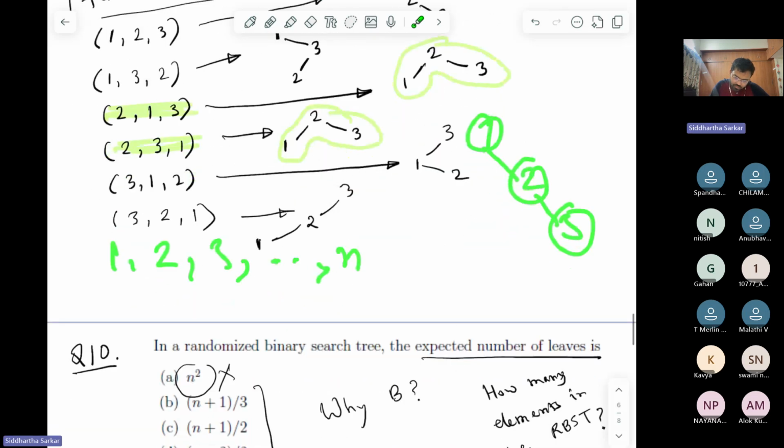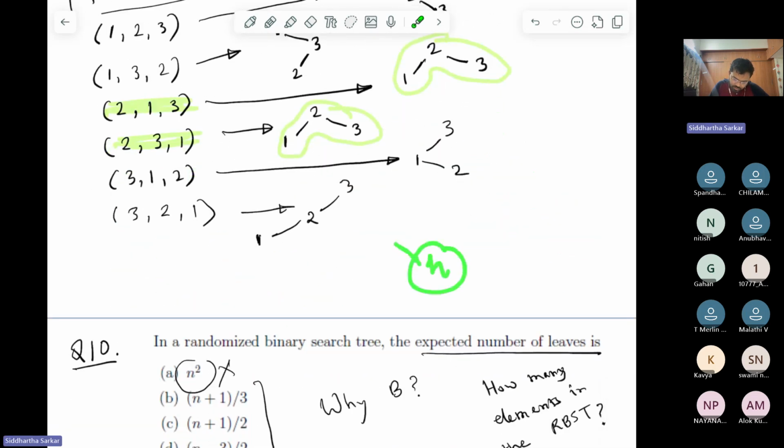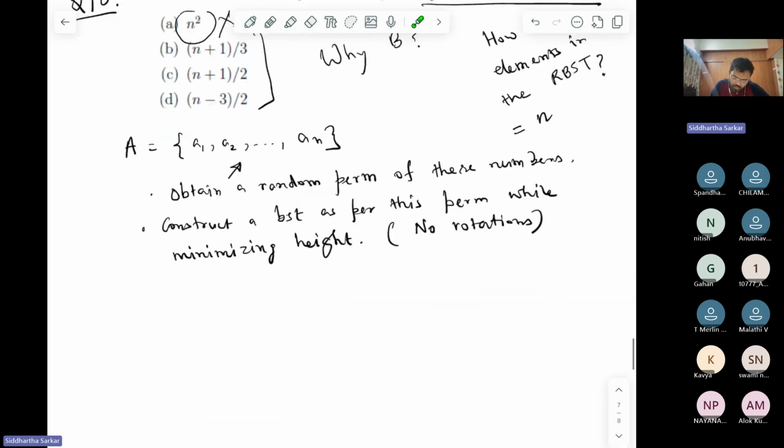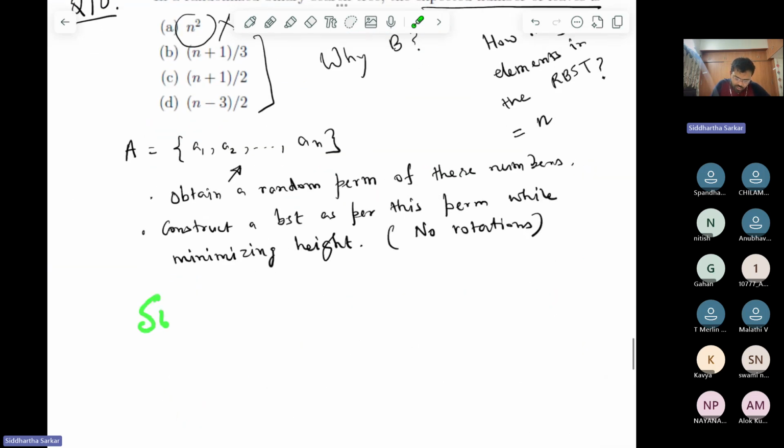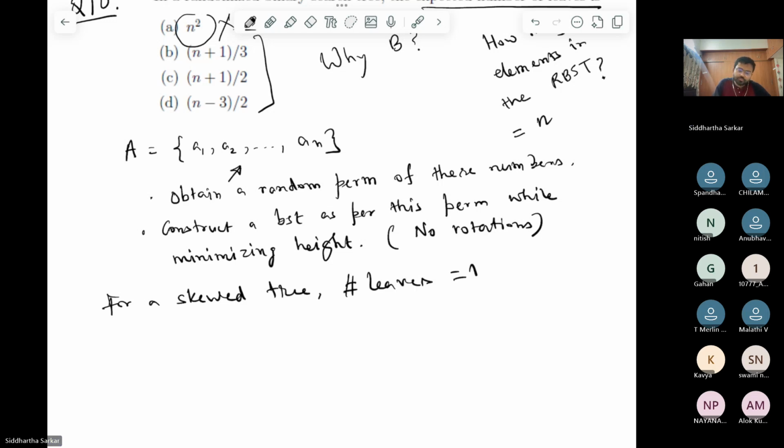So how many leaves are there? There's only one leaf, the guy n. Everything else is an internal node, isn't it? So for a sorted permutation, we have a situation like this: 1 2 3, everything is an internal node except one. So for a skewed tree, the number of leaves is only one.